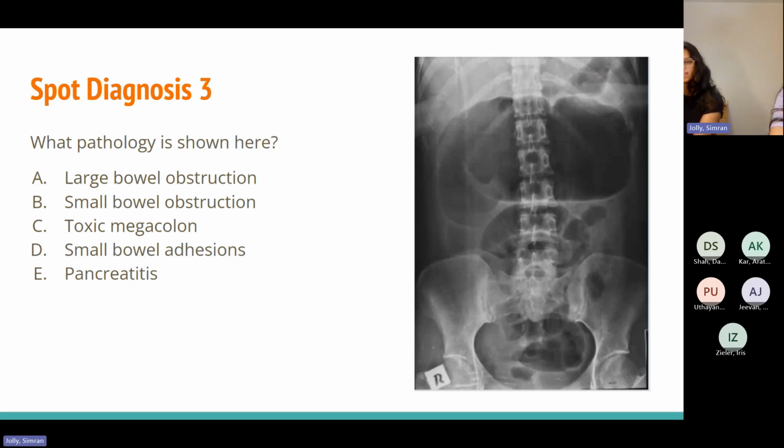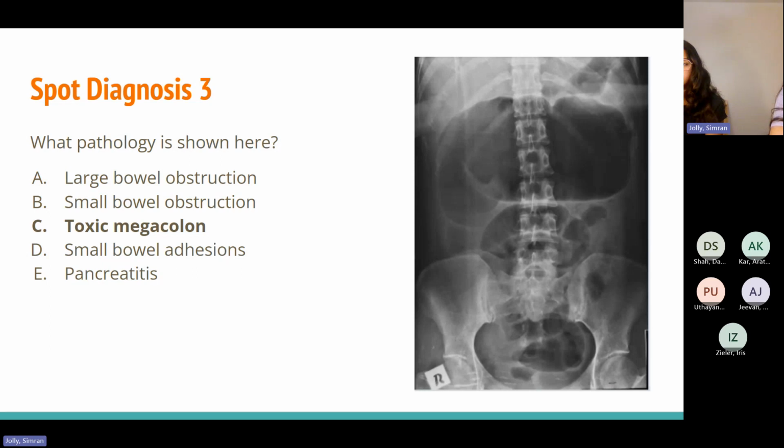Does anyone want to take a guess? I think I've kind of narrowed down the options. Okay, if not, so this is toxic megacolon. So this is the focal dilation that we can see. And it's very large, so it can differentiate between the others.